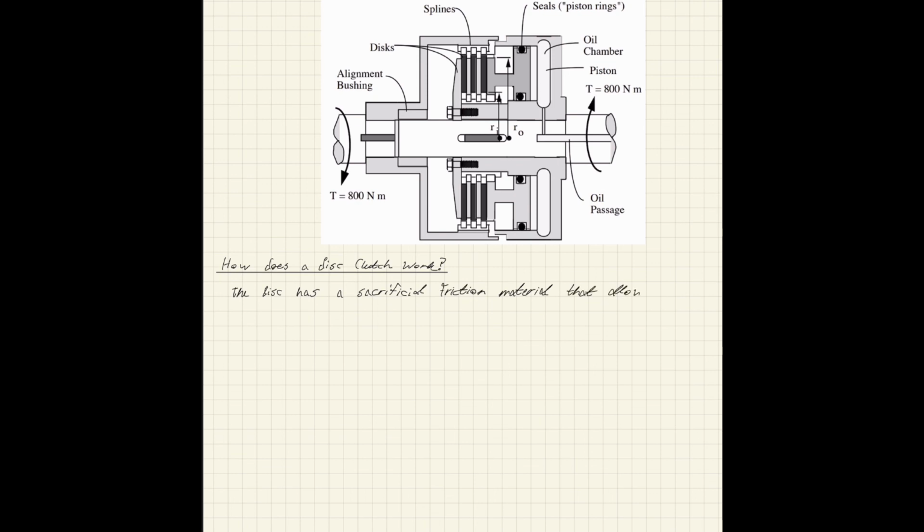And this friction material allows the clutch to be modulated in order to control the engagement of torque or power.